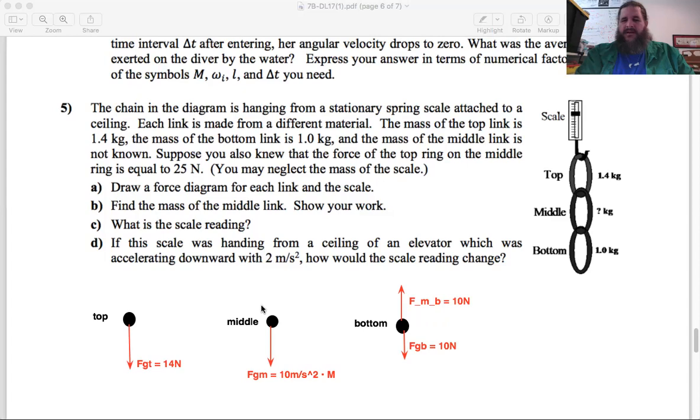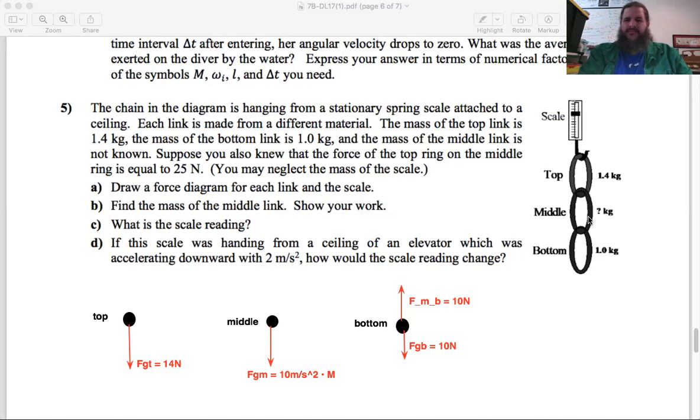And if we know the middle link is exerting a 10 Newton upward force on the bottom link, what else has to be happening according to Newton's third law? If the middle link is pulling the bottom link up, what's the bottom link doing to the middle link?